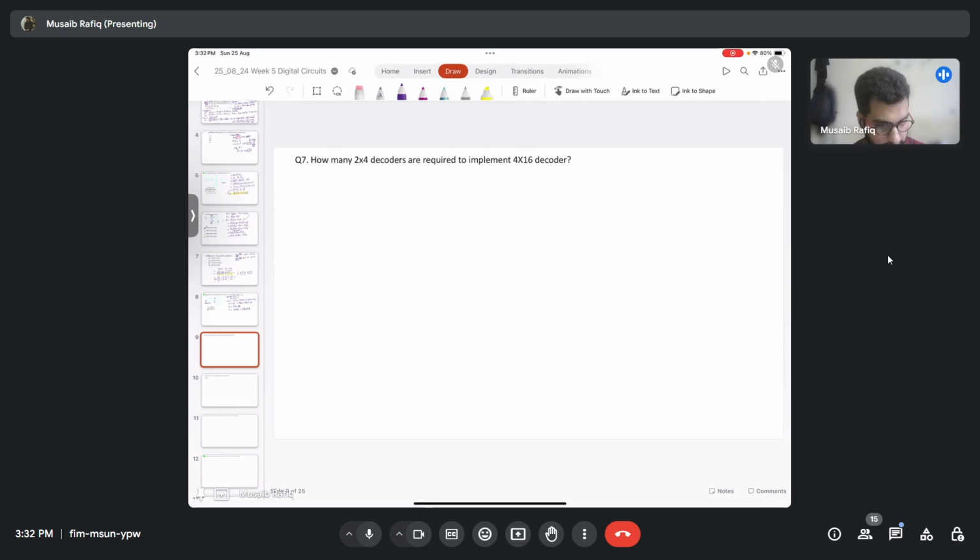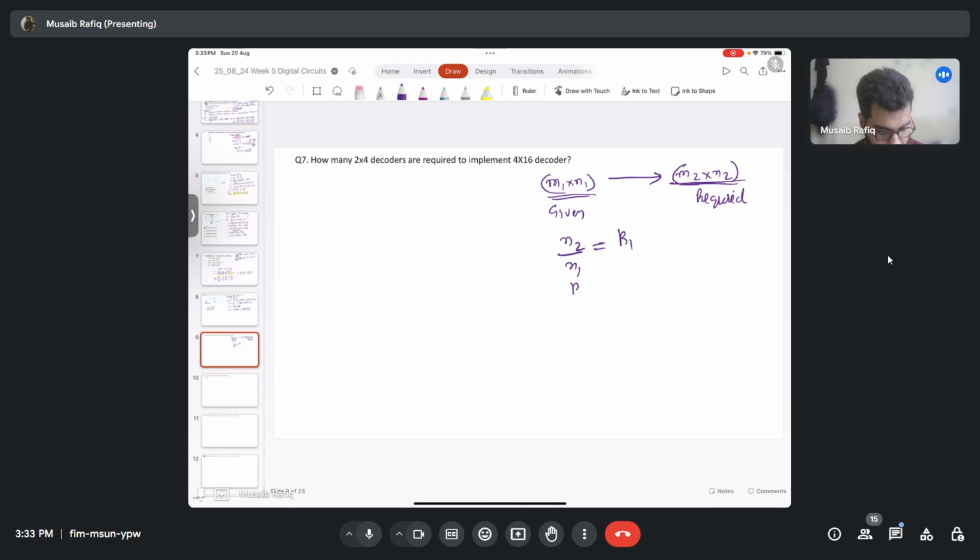So if I have an M1 cross N1 decoder that is given, and I need to implement an M2 cross N2 decoder using this, what I'll do is divide N2 by N1. I'll get a quotient out of it, that is K1.